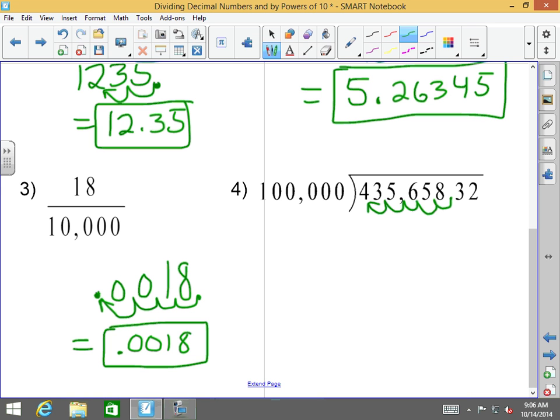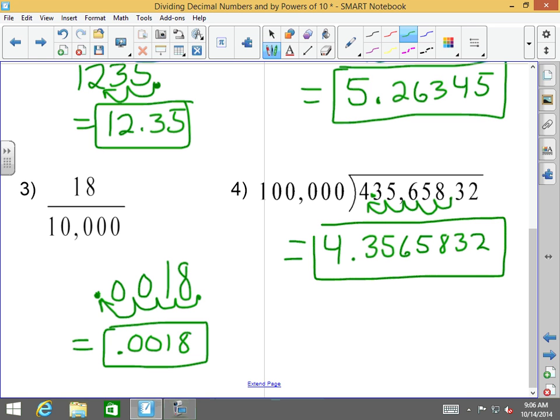I put an arrow there so I know clearly where it is, and I clearly define my decimal, and I rewrite my answer. 4.3565832, which is 4 and, let's see, tens, hundreds, thousands, 10,000s, 100,000s, millions, 10 millions. So 4 and 3,565,832 ten millionths. Bada bing, bada boom. Does that make sense, gentlemen? Yes. You promise, gentlemen. Yes. Any questions, gentlemen?